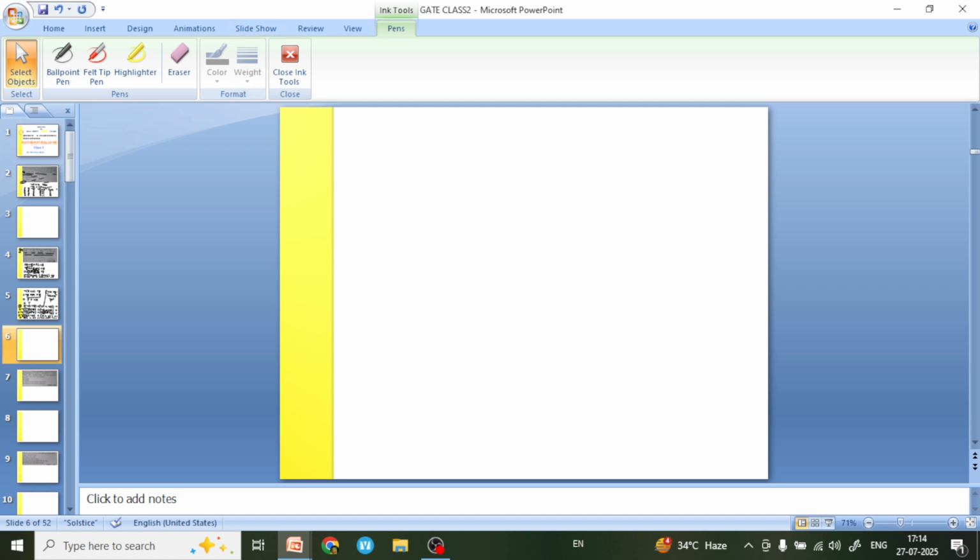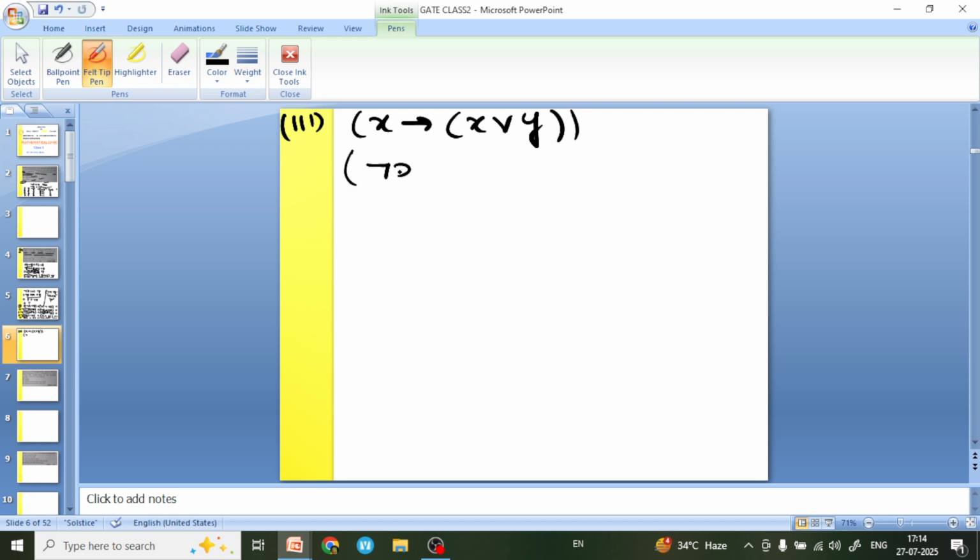Now I am going to prove the third statement. This is given: x implies x or y. Now take here not x or y.